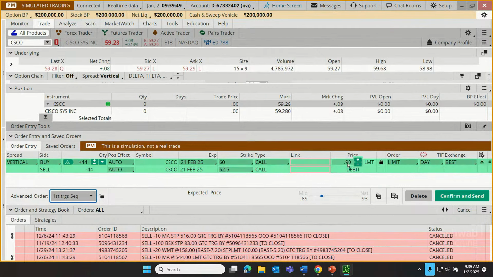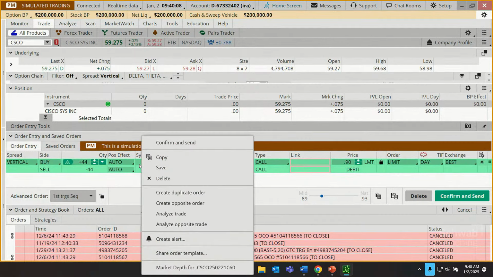If the original max theoretical gain, the maximum profit, was $1.60, what's half of that? It's 80 cents. So if we're buying in at 90 cents, what would we have to sell this for to make an 80-cent gain? We'd have to sell at $1.70. So I'm going to right click on this order.